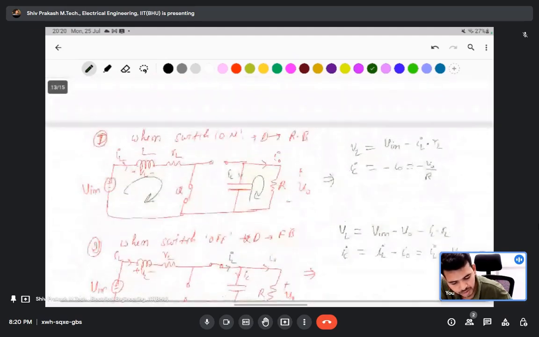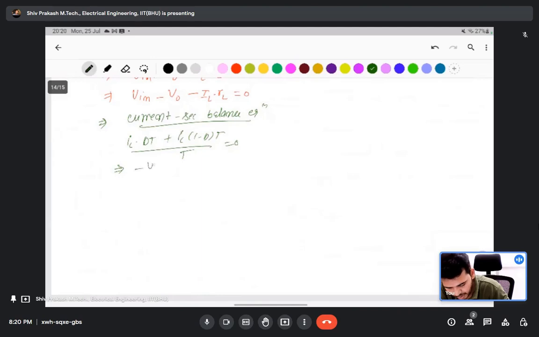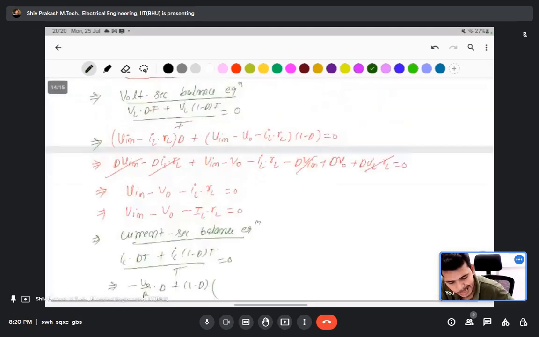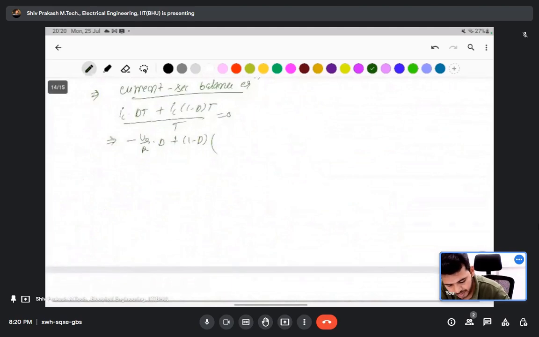First condition, IC is equal to minus V naught by R, into D, plus 1 minus D into IL minus V naught by R, is equal to 0.